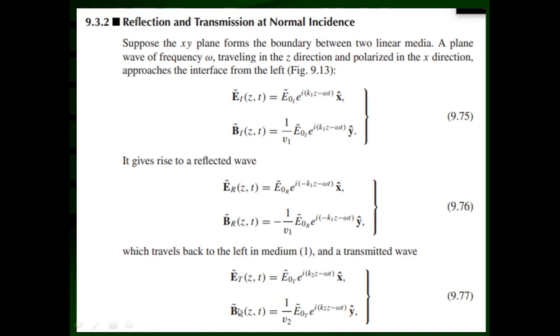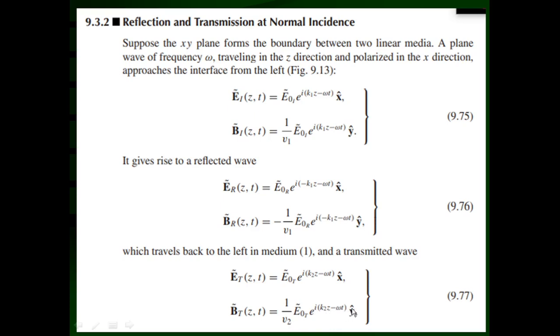Similarly, the magnetic field also remains in the y direction and is a function of z and t. So Bt(z,t) is equal to 1 upon v2, because the phase velocity of the electromagnetic waves in medium 2 is v2, and its amplitude in terms of the electric field is B0t equal to 1 upon V2 E0t, times e raised to i(k2z minus omega t).